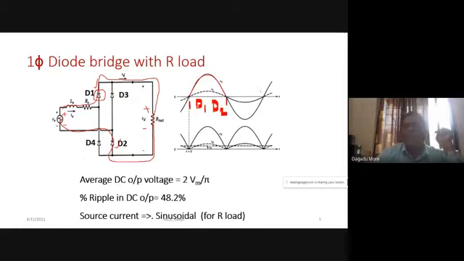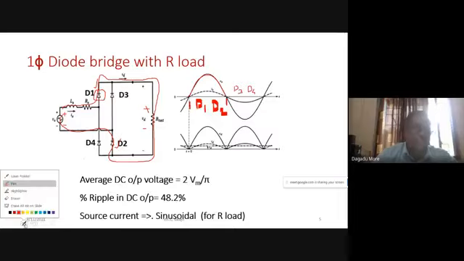In the negative half cycle, you have seen that the two devices, D3 and D4, will conduct, and they are also conducting for 180 degrees.